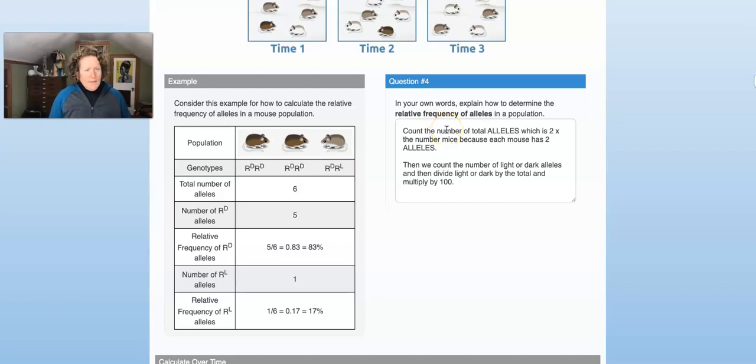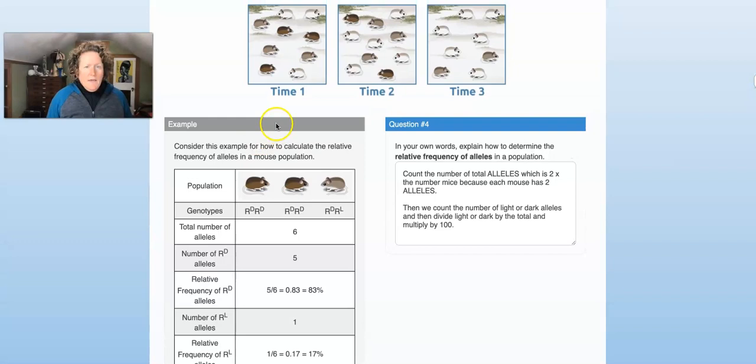Now, I've capitalized the word alleles here to help you remember that this time we're not counting mice, we're counting alleles. So each mouse has 2 alleles, and sometimes they're different in the case of medium mouse, and sometimes they're the same. In the case of dark mice, they have 2 dark alleles, and light mice have 2 light alleles.